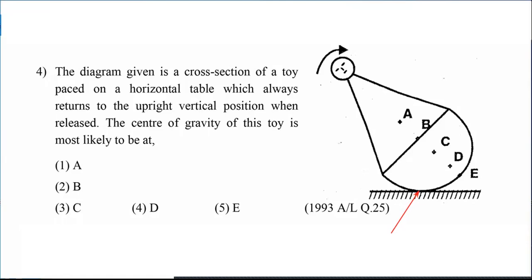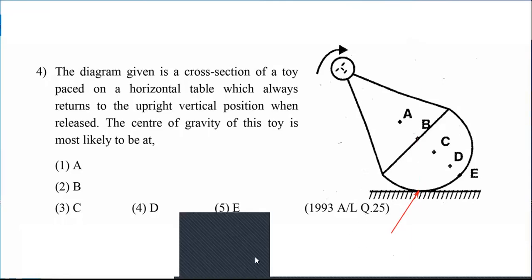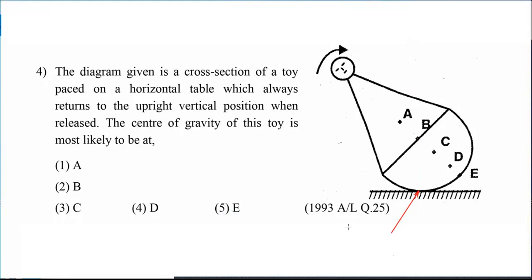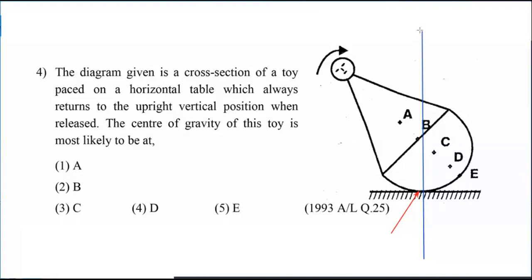And we should draw a vertical line to the point of contact. That's the next thing. First, we should find the point at which the object is in contact with the ground. That's the first point.